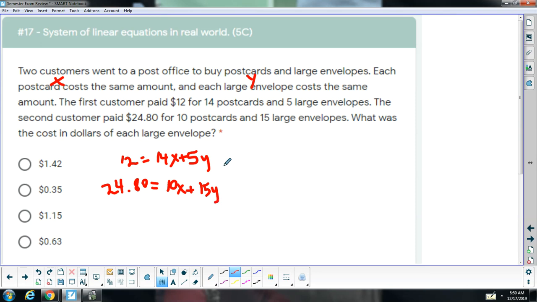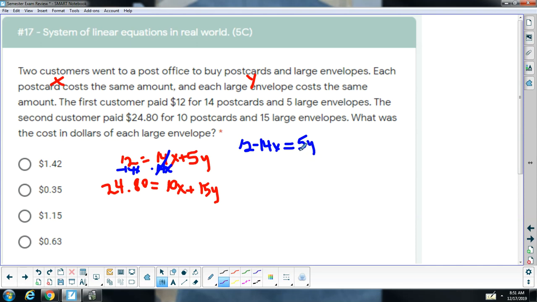So we need to get the y's by themselves so we can graph them. So to get this y by itself, I'm going to subtract my 14x from both sides. Okay, since I can't subtract a 14x from a 12, I'm just going to bring that over. 12 minus 14x equals my 5y.